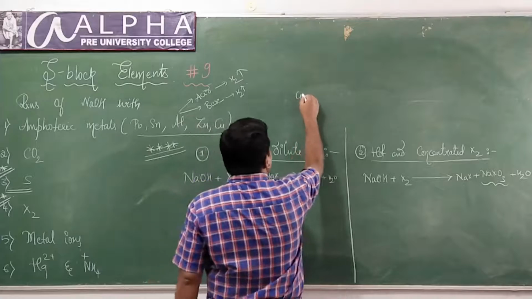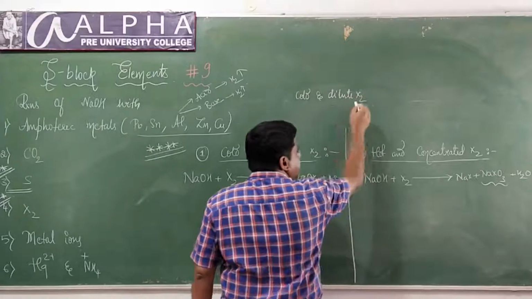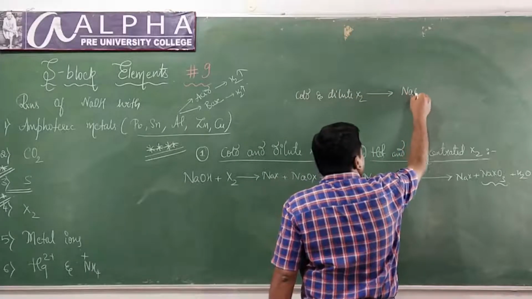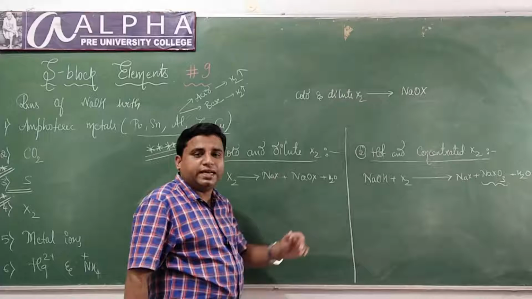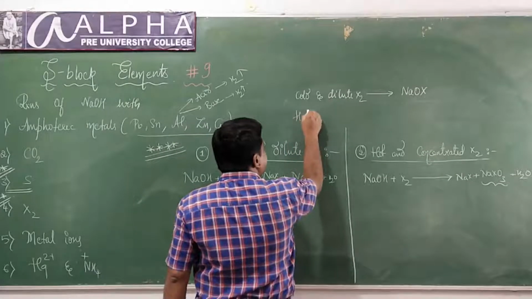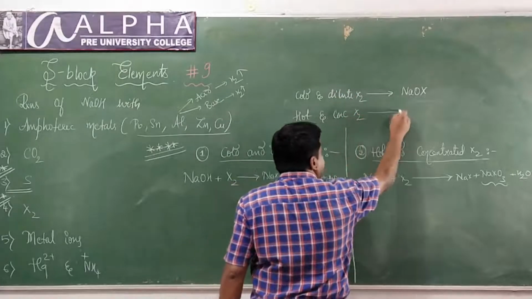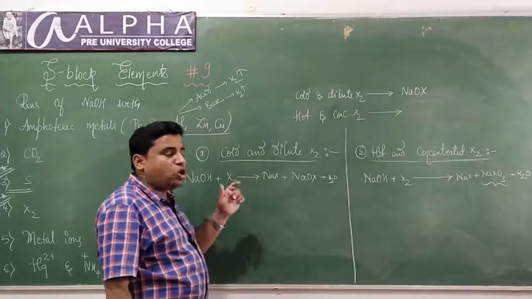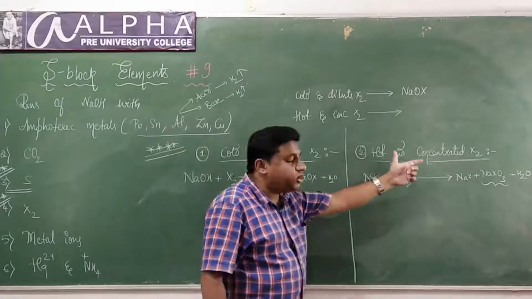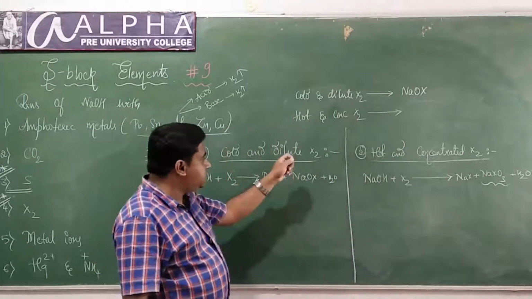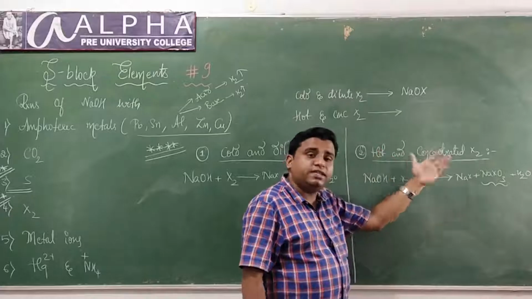With cold and dilute NaOH, you should remember the formation of sodium oxyhalide, whereas the other two products are the same in both cases.